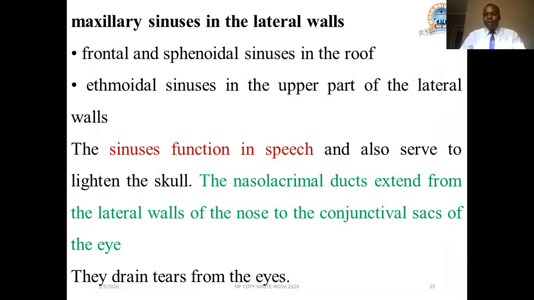Have you ever wondered why our head doesn't get bigger? Our head doesn't get bigger because of these sinuses.